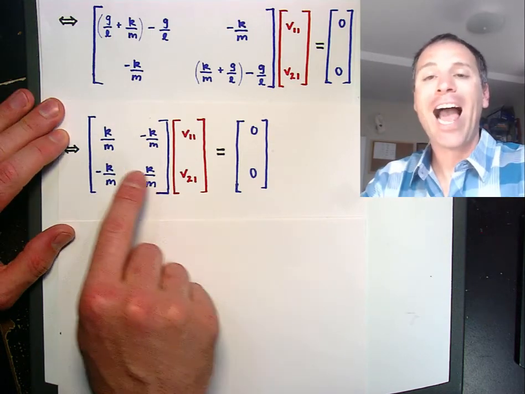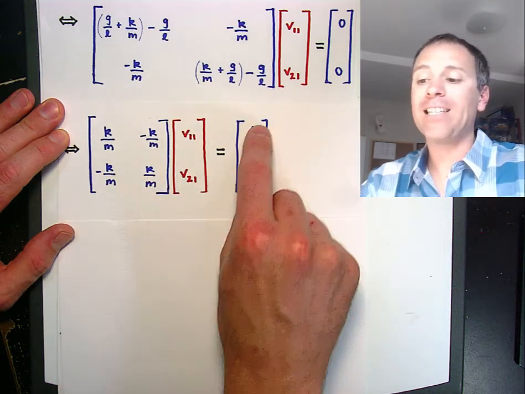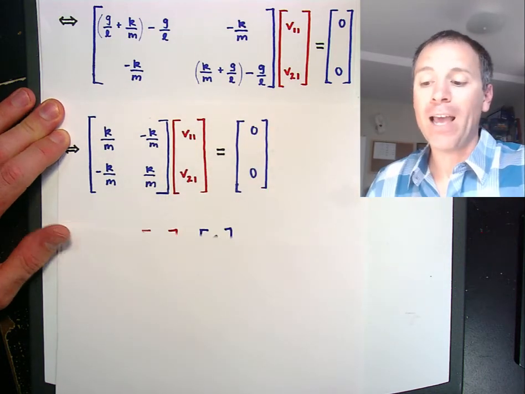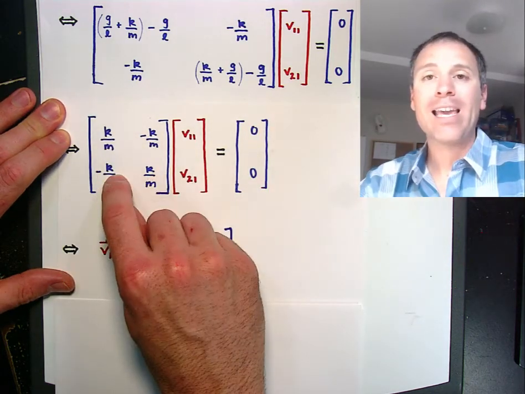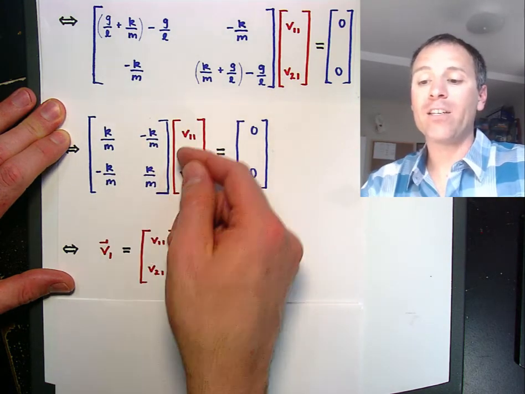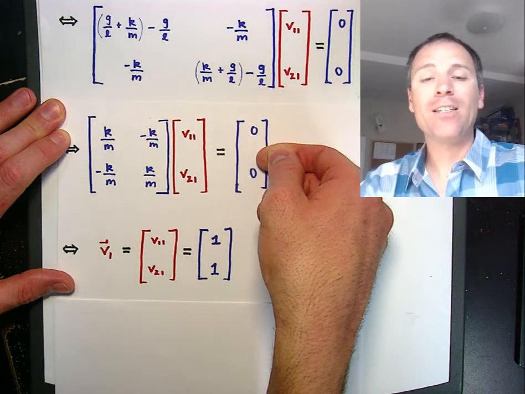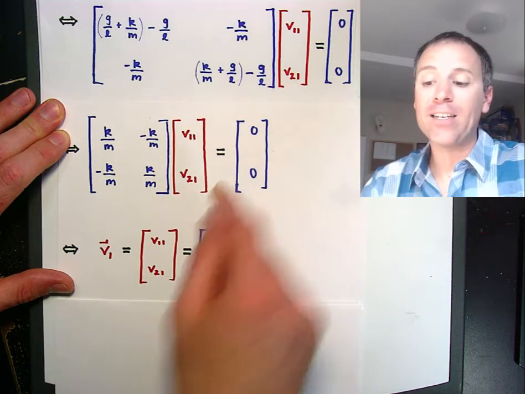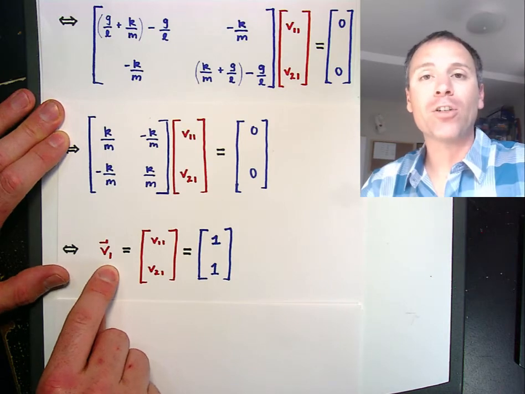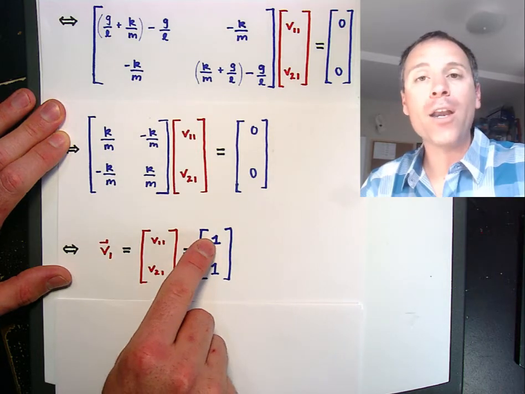Now the question is, how do I take linear combinations of these columns and send that equal to the 0 vector? But column 1 is the negative of column 2. Another way to say that is if I added column 1 to column 2, I get 0. Another way to say that is the first eigenvector associated with eigenvalue 1 of g over L is going to be 1, 1.